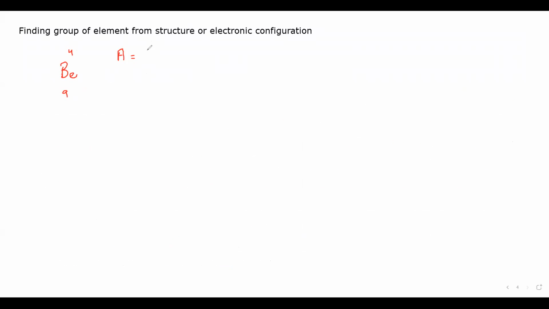So beryllium is 9, A is 9. What about Z here? So Z is equals to 4.